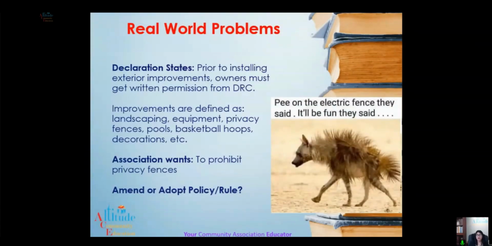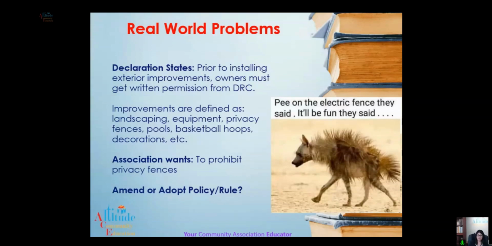Declaration states, prior to installing exterior improvements, owners must get written permission from the DRC. And then improvements are defined as landscaping, equipment, privacy fences, pools, basketball hoops, decorations, etc. And now the association says it wants to prohibit privacy fences.